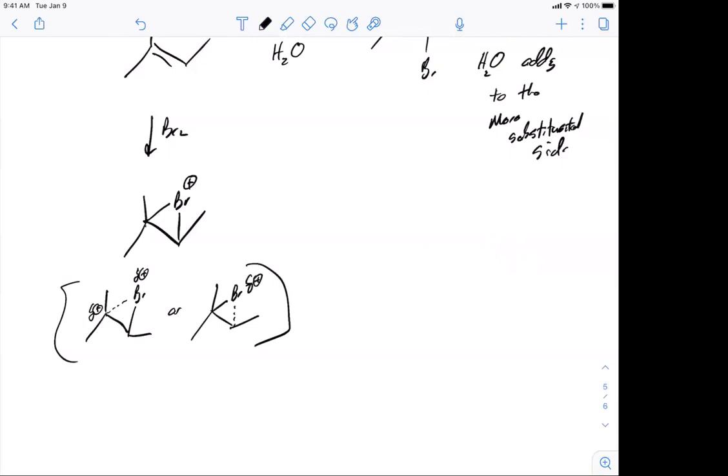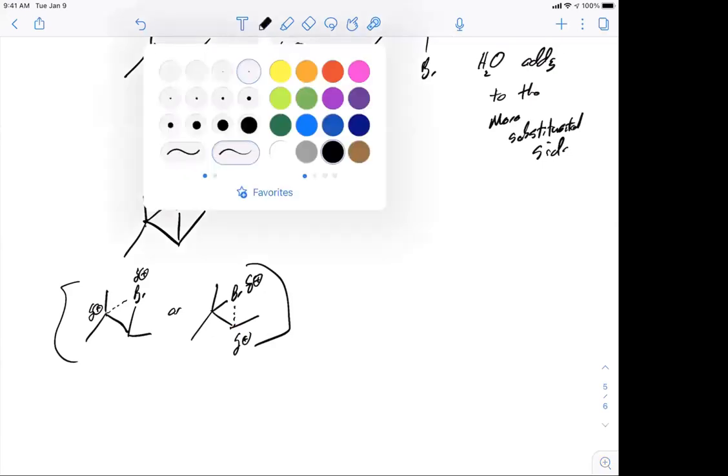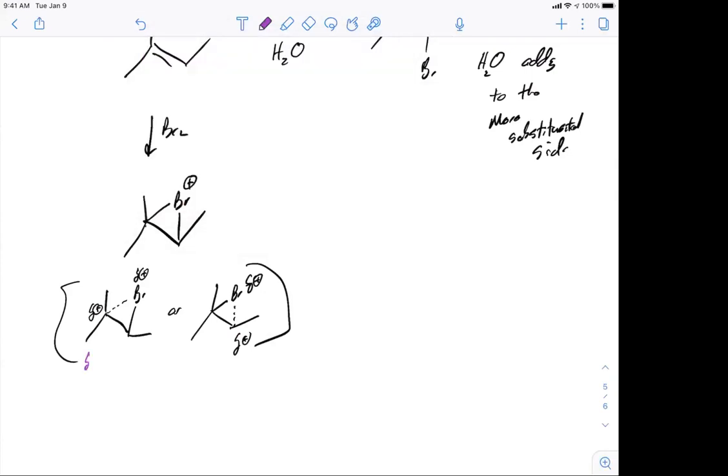So we have partial positive here, partial positive there. So as this gets strained, if we think about it trying to release some of that strain energy because of this tight three-membered ring, which of these two is going to be more stable? The one where the partial positive is on the tertiary, or the one where the partial positive is on the secondary? Well, the partial positive on the tertiary, right, is more stable.